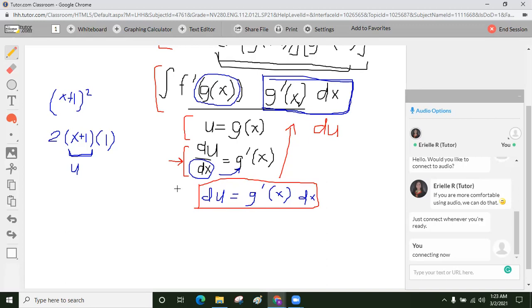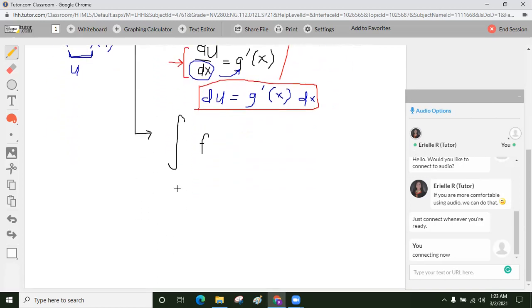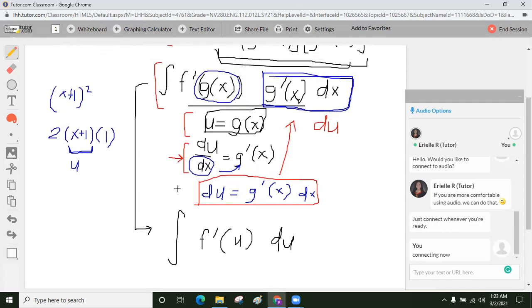Okay. So if you replace g prime of x dx with du, you can also replace g of x with u, since we have this part right here. So essentially we have the integral of your f prime of u du. And this is general for any of the integration formulas that we have.